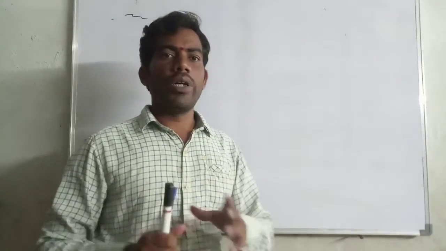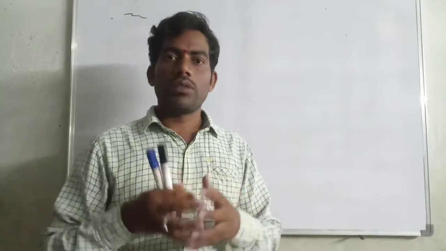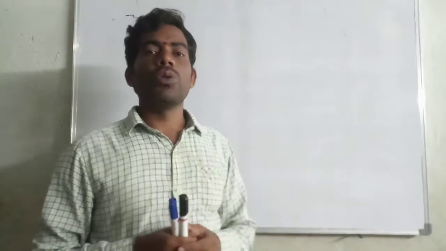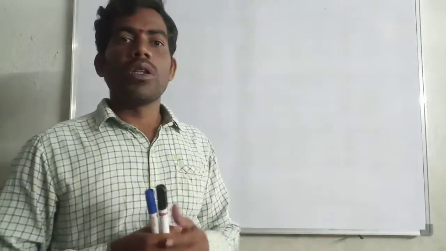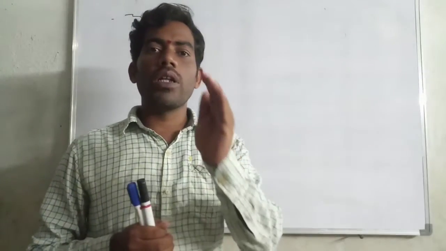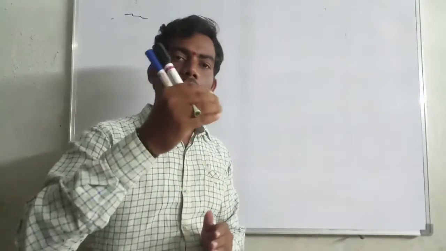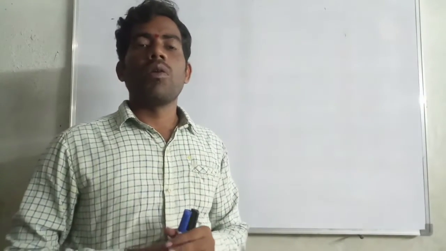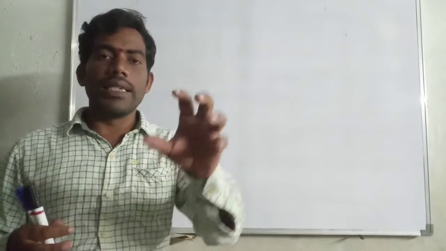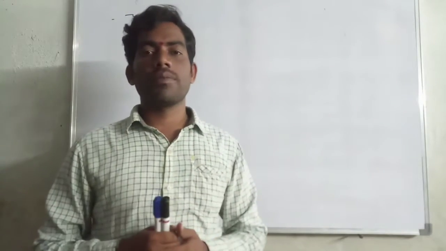Students, today our topic of the second unit is ray optics and optical instruments. In this video, you are learning about the focal length of the spherical mirror, and what will happen if a ray beam is incident on the concave mirror and convex mirror.